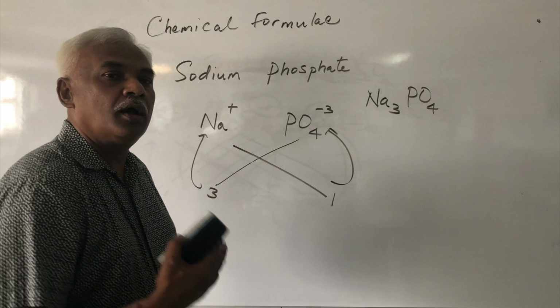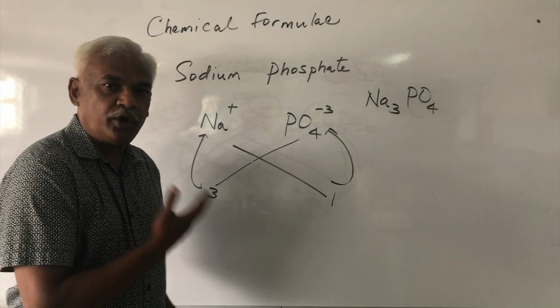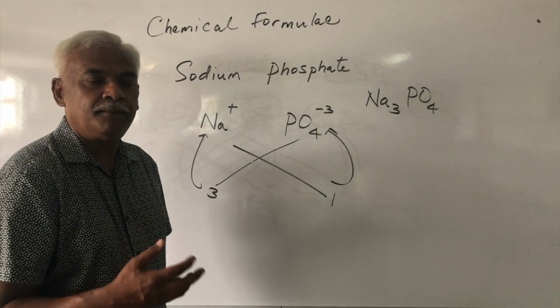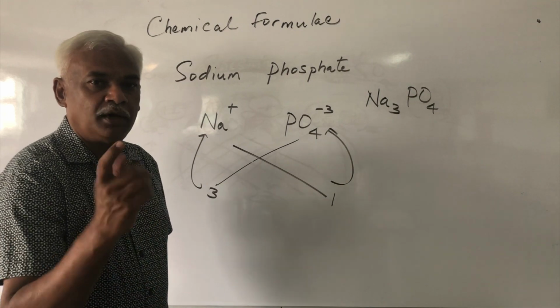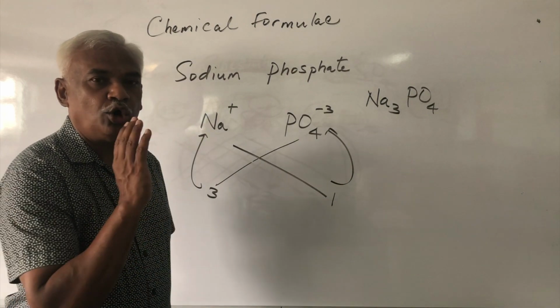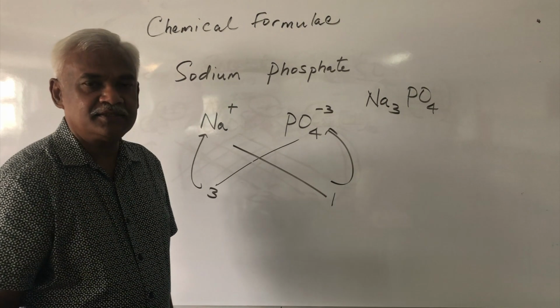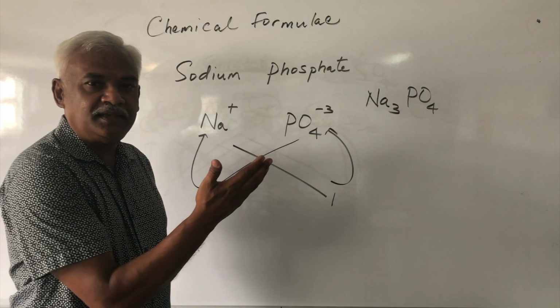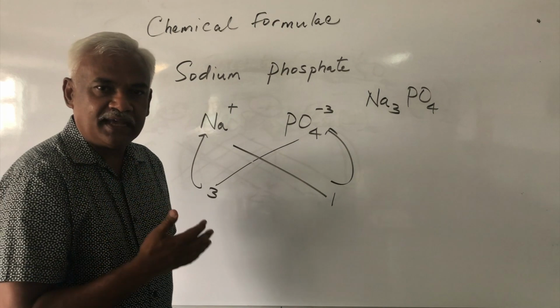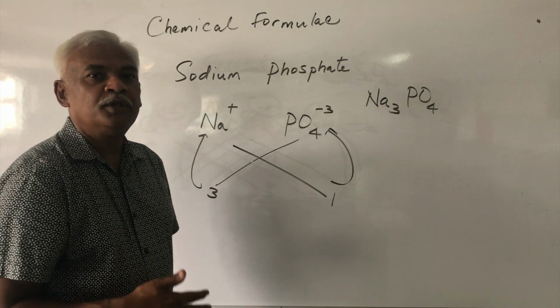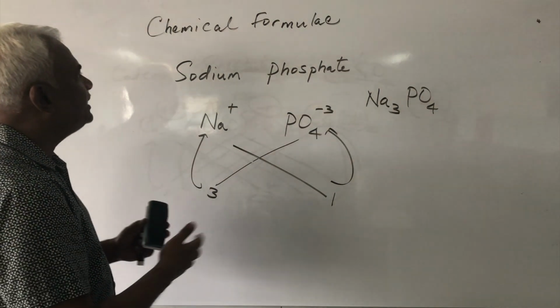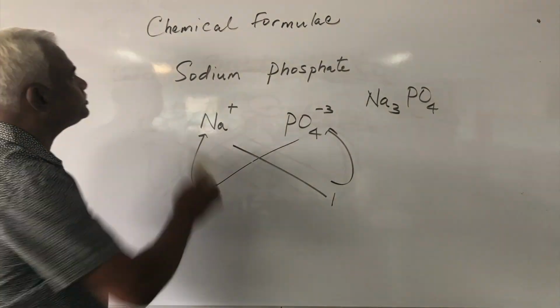Now, the way to get this going is by further practice. So I'm encouraging you, learn your table of cations and anions. Repeat this exercise. Look for other examples, work them through so that you'll be able to write the chemical formulae.